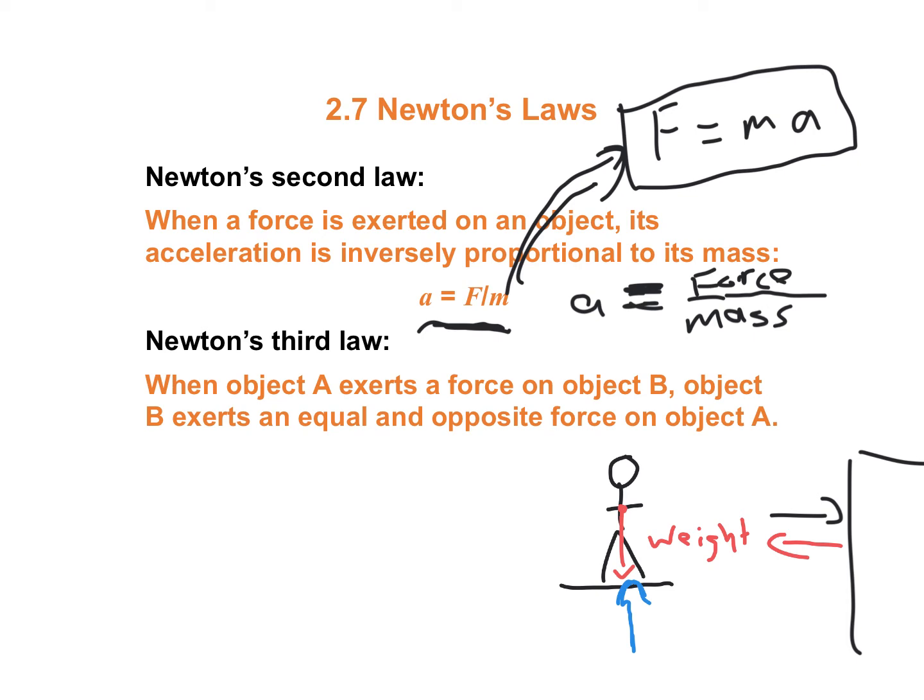If I step off of a ledge, I accelerate downward and I fall down below because gravity is pulling me down. And when you have a net force, you accelerate. But if there's an equal and opposite force from the floor, then you're not going to accelerate. And so that's how we know these forces have to balance. And that is what Newton's third law tells us.